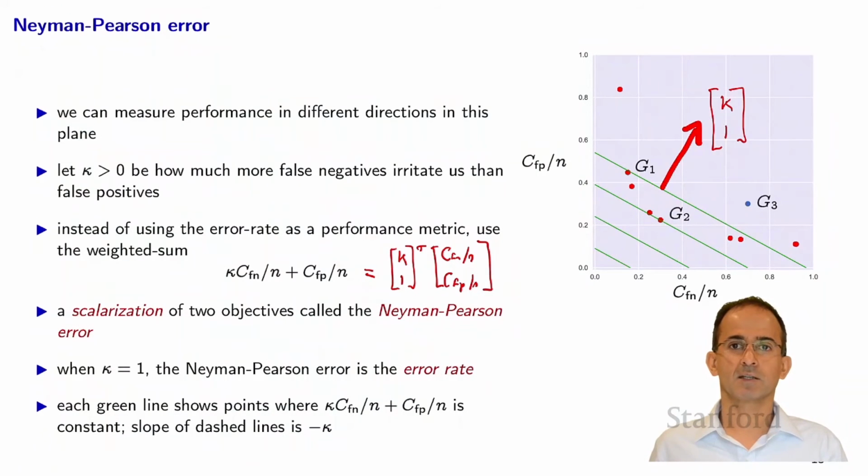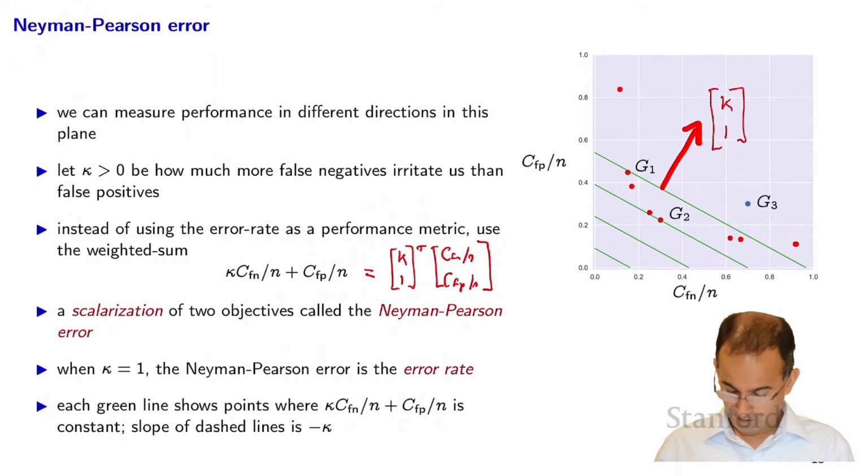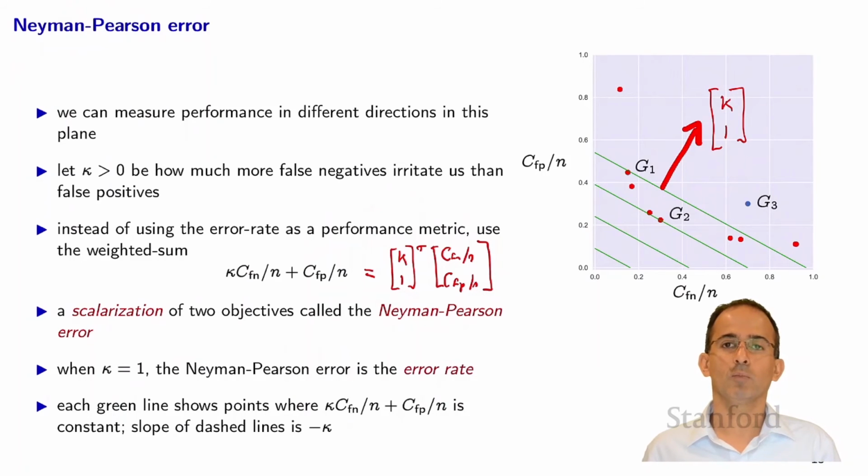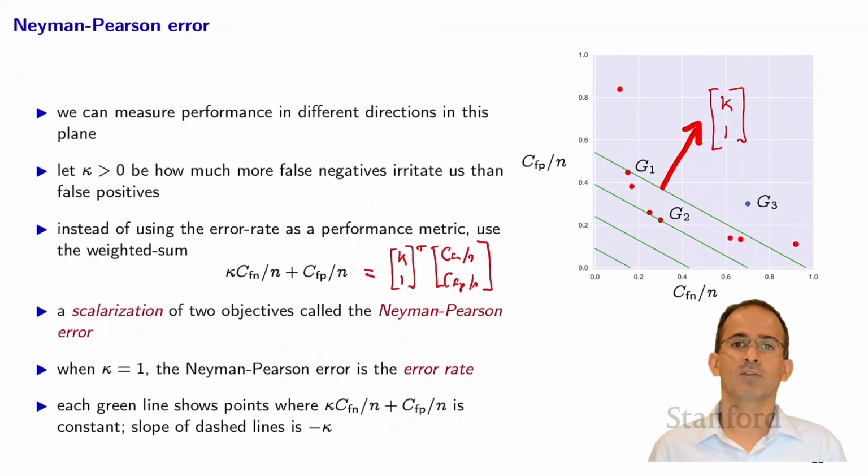Now, because we're using the vector kappa, 1 multiplied by the vector of coordinates in this plane, what that measures is the distance from the origin in the direction kappa, 1. And so if we look at the set of all points for which kappa, 1 transpose multiplied by the coordinates of that point is equal to, say, 1, that would be a line here.